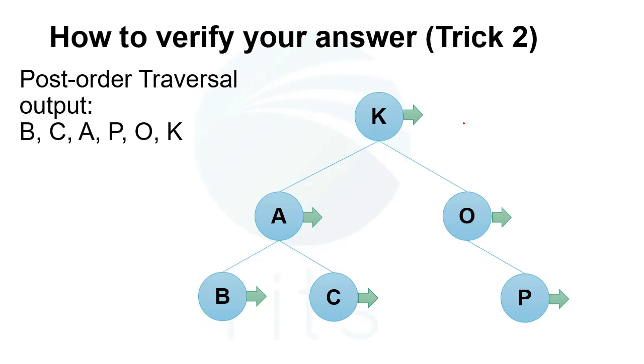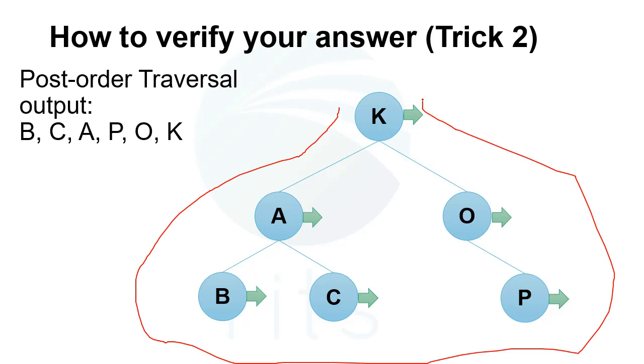And proceed by drawing an anti-clockwise circle like this, passing as closely as possible to a node, and when we encounter a flag we have to verify our output. So here is the first flag and we can verify our output.